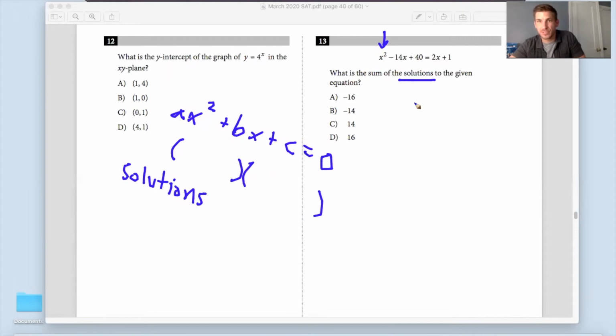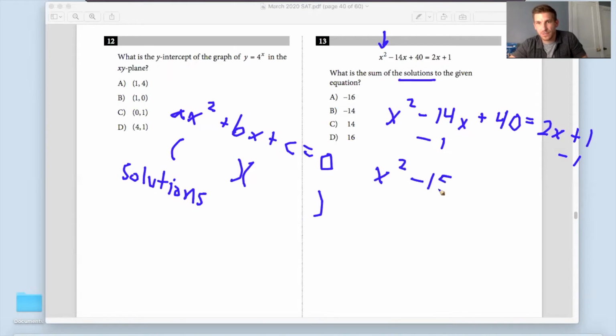Okay, so what is the sum of solutions? So here I have x squared minus 14x plus 40 equals 2x plus 1. I'm going to subtract 1 on both sides, and then I get x squared minus 15x, and oh, what am I doing? So this is minus 1 here. Sorry about that.